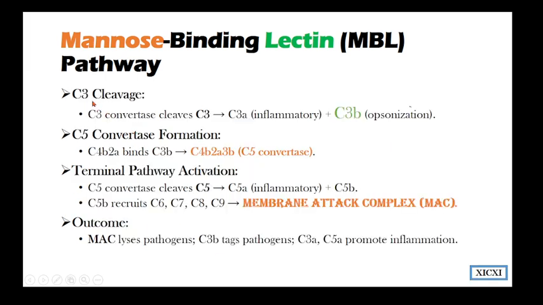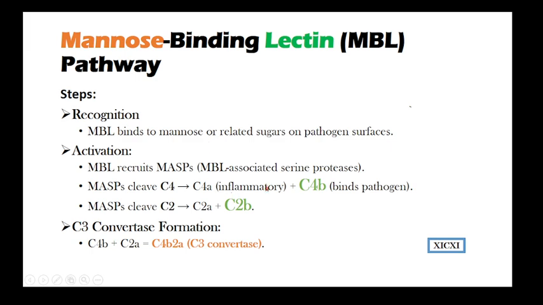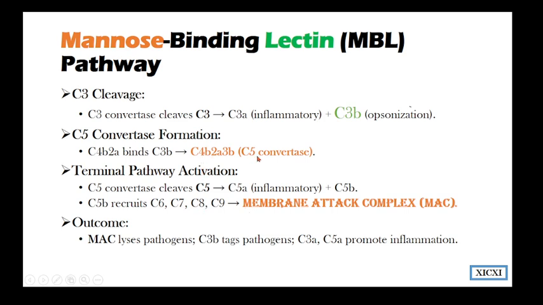How is C3 activated? By the help of this C3 convertase enzyme, C3 is converted into C3A and C3B. C3A will leave the cascade, and we remain with C3B, which continues in the cascade and is usually responsible for opsonization. Together, this C3B and the previous C4B and C2B form what we call C5 convertase.